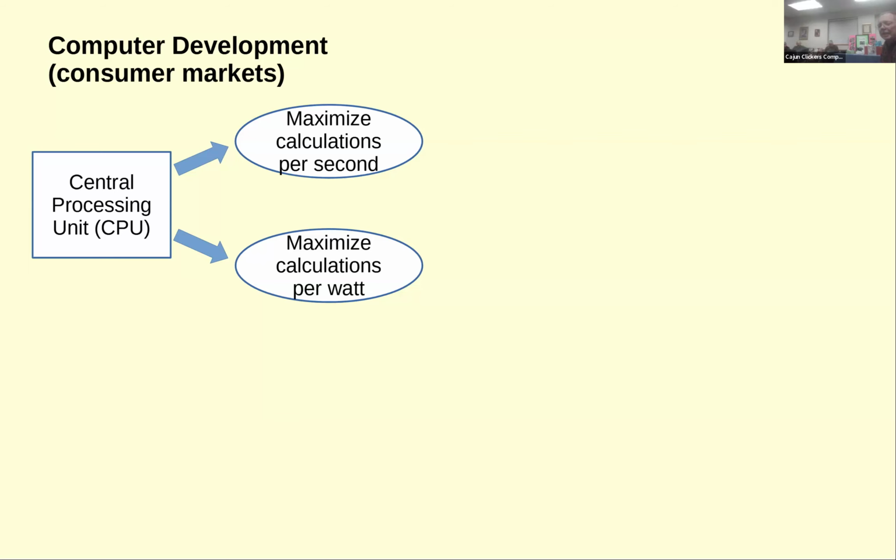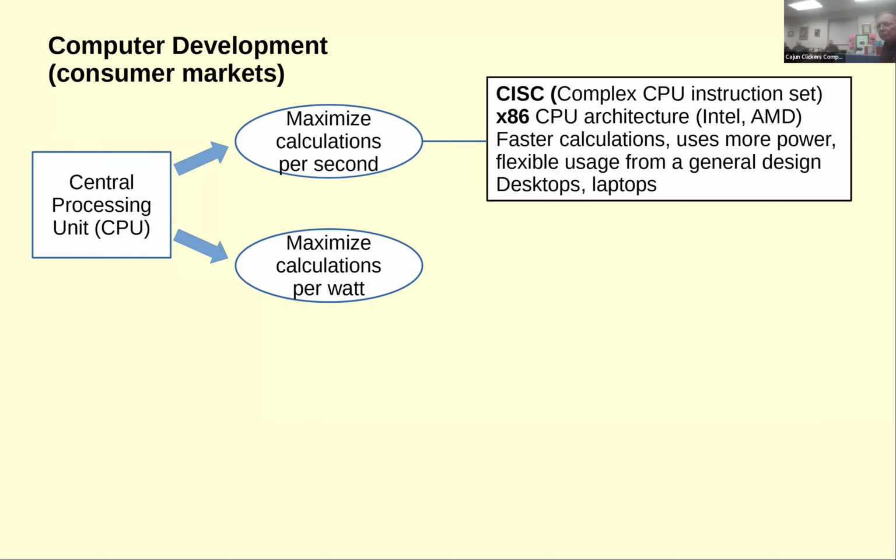And initially, the designers of the CPUs used a CISC, C-I-S-C, or complex instruction set. What that meant is they took 5 or 6 or 7 little commands and hooked them together into one. And that was easier for the programmers who were then programming in assembly language.